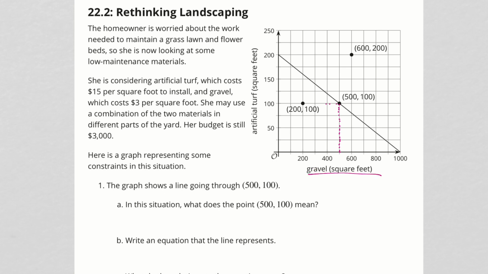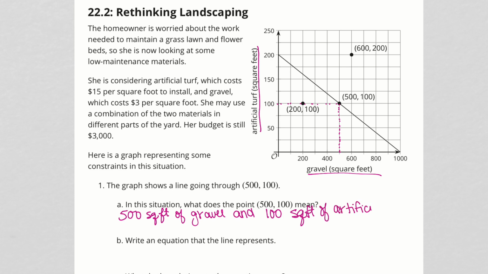So, we have 500 square feet of gravel and 100 square feet of artificial turf.